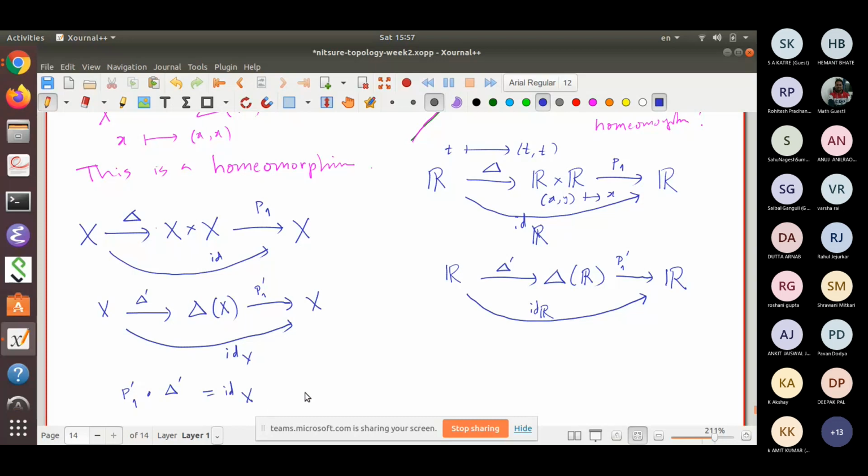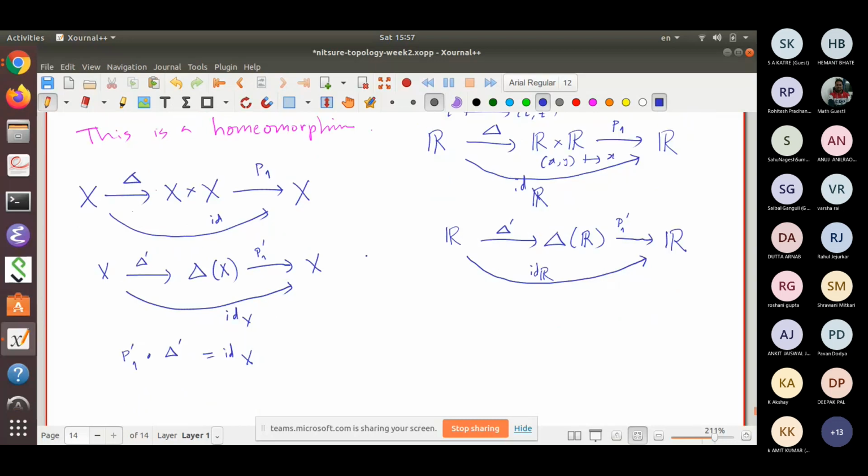What does being an isomorphism mean? This has supplied it what kind of inverse? It has supplied it a left inverse, right? Now I want a right inverse. So somebody give me a right inverse. So I want the map to go from delta x toward x. This is the first projection. And now I want to go back to delta x. How should I go? The diagonal again.